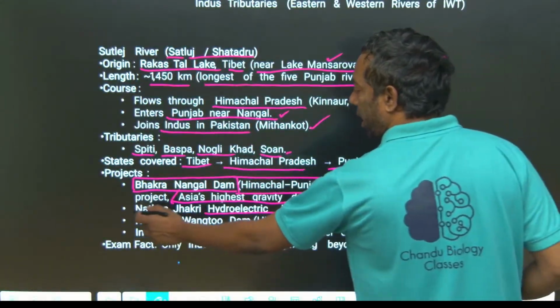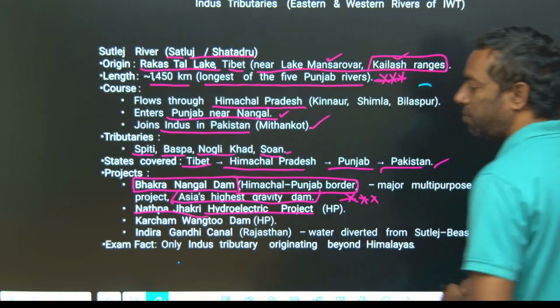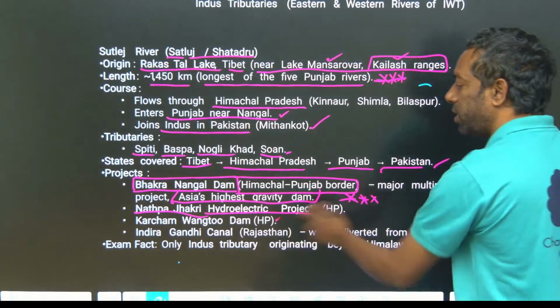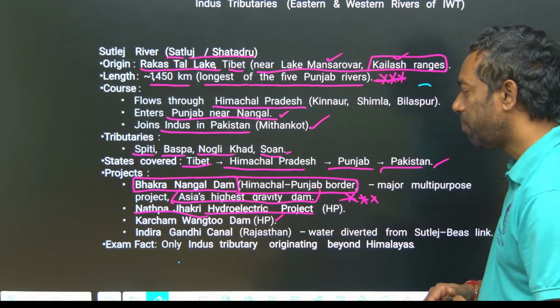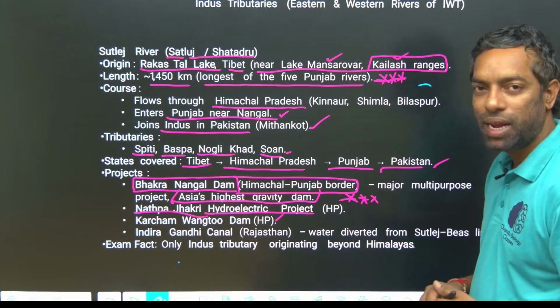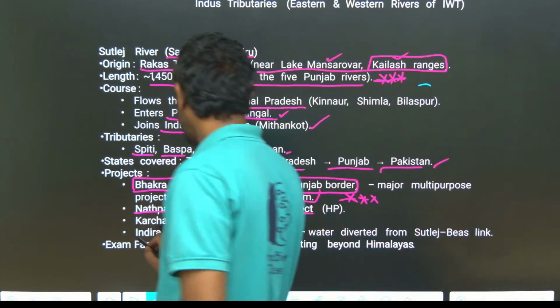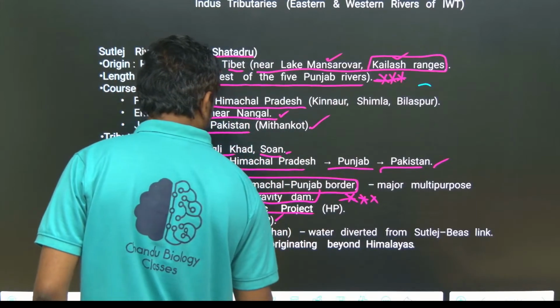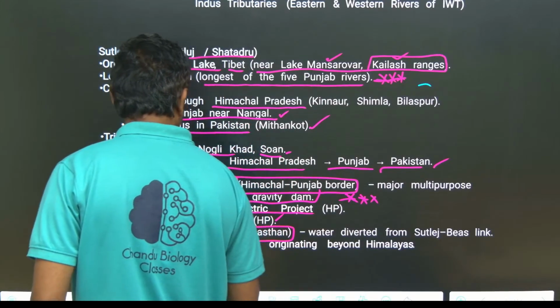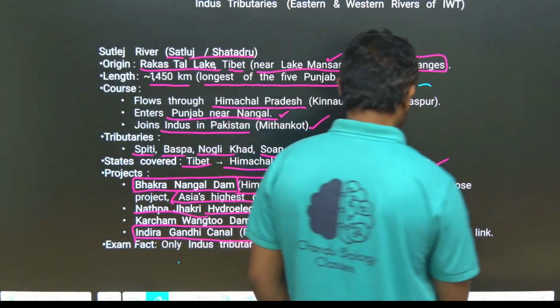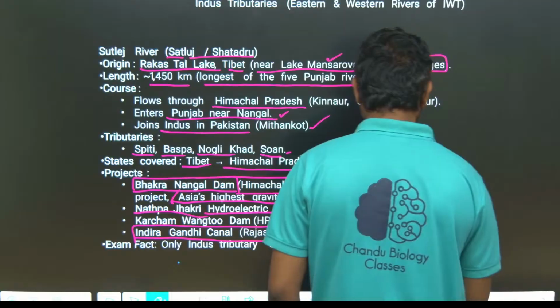This is a hydroelectric power project. Napta Jhakri and Karcham Wangtoo dams are also in Himachal Pradesh, but they won't ask you these names; only Bakra Nangal is the major one. The Indira Gandhi Canal in Rajasthan takes water diverted from the Satluj and Bias link.